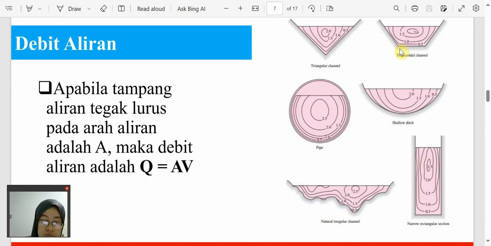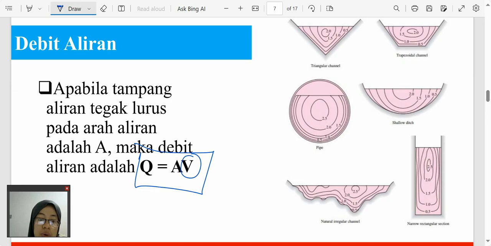But last week we talked about the discharge, and we calculated the discharge using just these general equations, right? Q is equal to A times V. This is the general equation of the discharge.